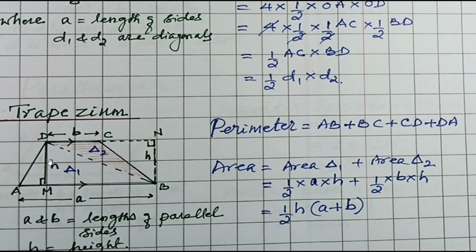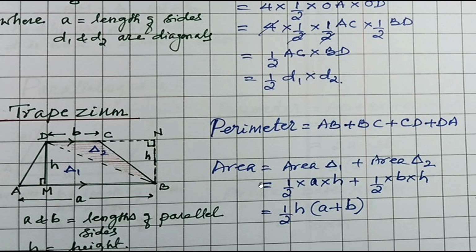So let us draw a perpendicular DM to AB and BN to DC extended to N. Now the area of triangle 1 will be half into base into height, that is half into a into h, and also the area of the triangle BCD will be half into base into height, that is half into b into h. Now in these areas of two triangles, half is common and also h is common, so it is half h in the bracket a plus b.